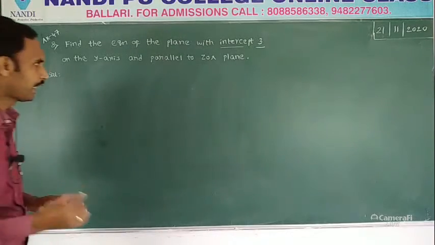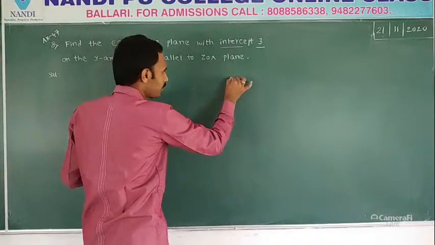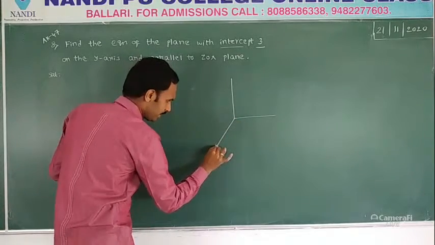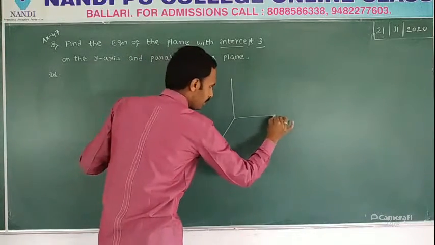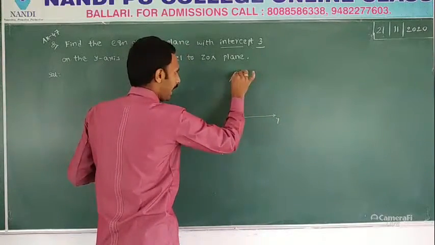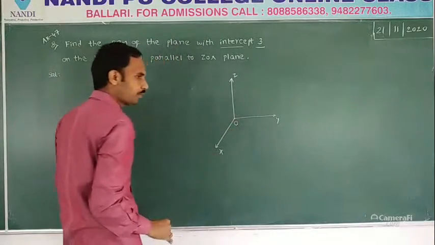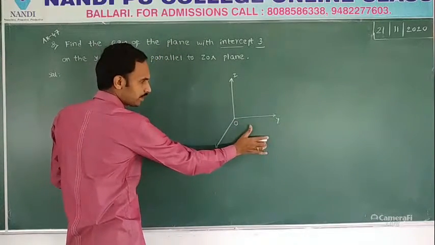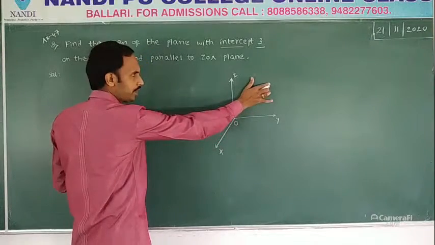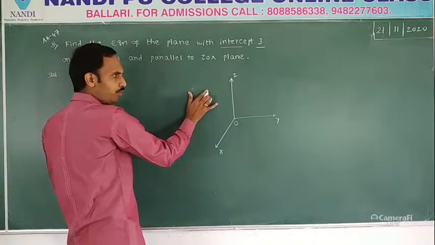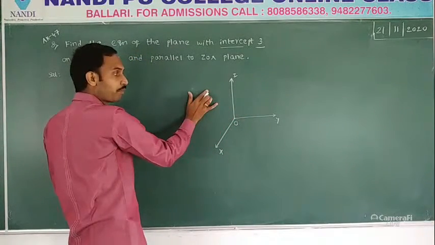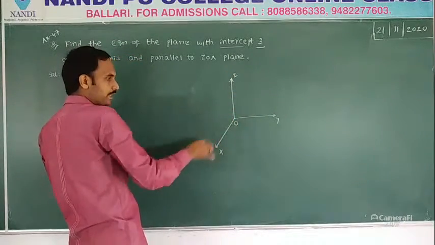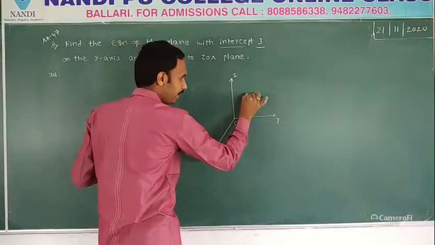So, I am drawing the diagram. See, let us consider 3 mutually perpendicular lines, that is x, y and z axis. This is origin O. So, this is xy plane, yz plane, zx plane. We want the equation of a plane parallel to zx plane. So, this is zx plane, and the parallel plane will be like this.